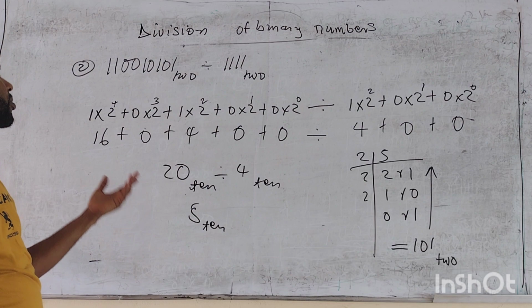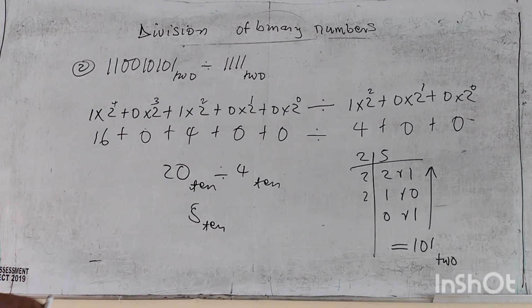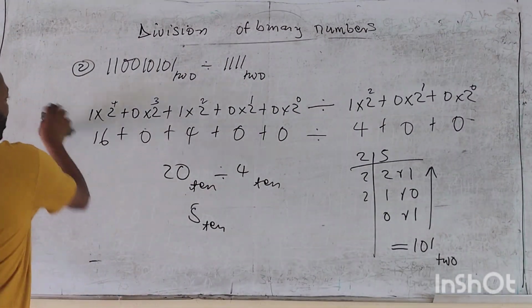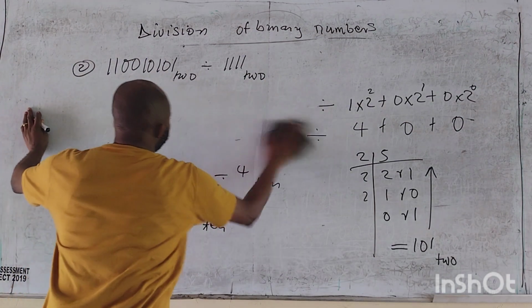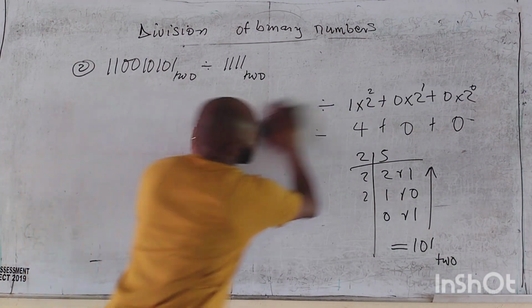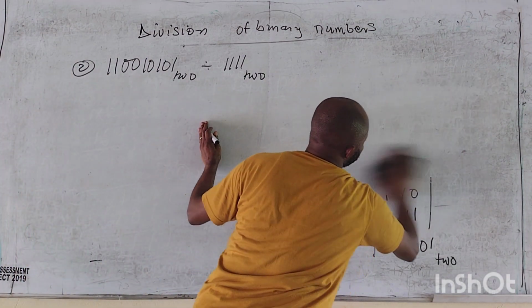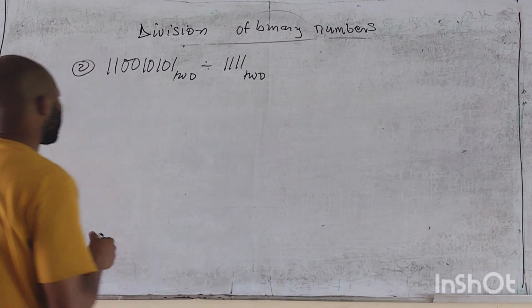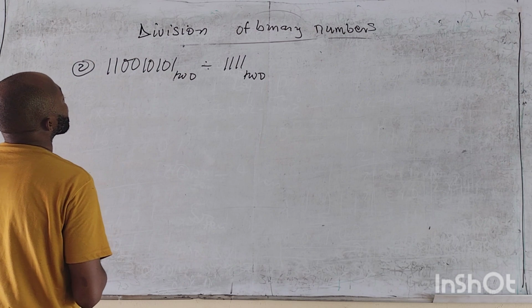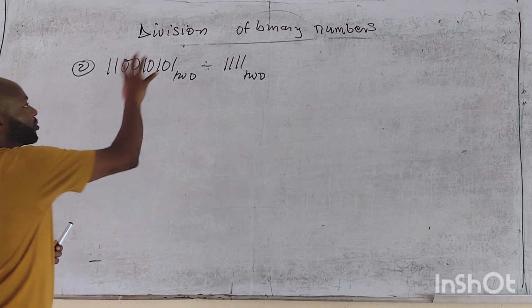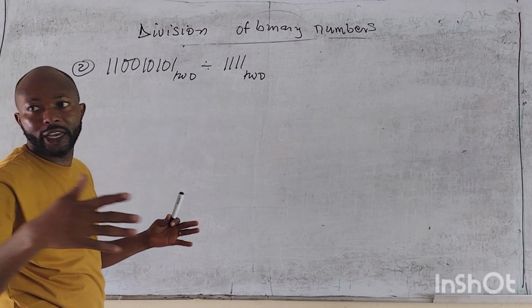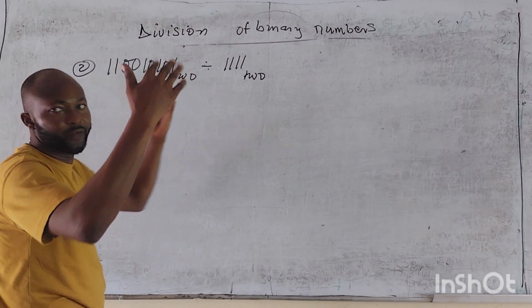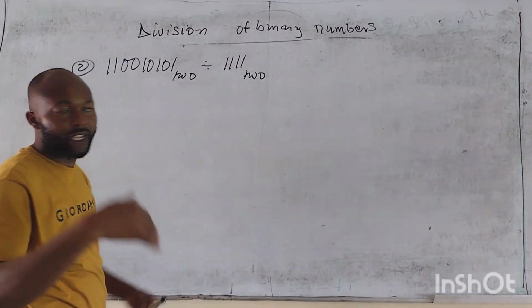So I will use the same principles and solve it. Let's clean this one first. First we convert the two sides to base 10, divide there in base 10, and bring it back to base 2.